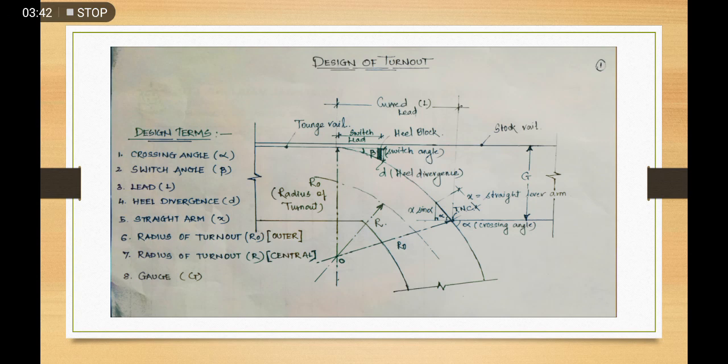The fifth point, it is the straight arm. So when you consider the turnout along the curve from the tangent point to the theoretical nose of crossing, it appears to be a curve. Now from the theoretical nose of crossing to a distance x, this much distance appears to be straight along the curve.